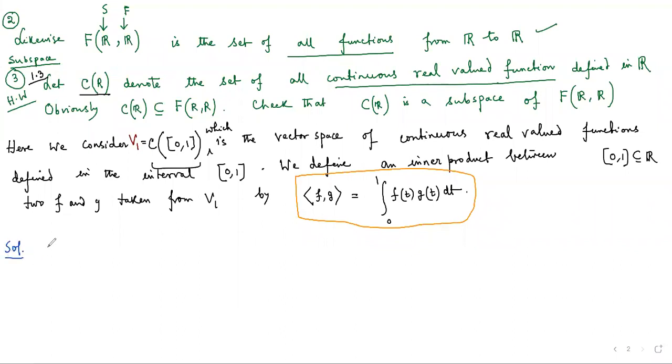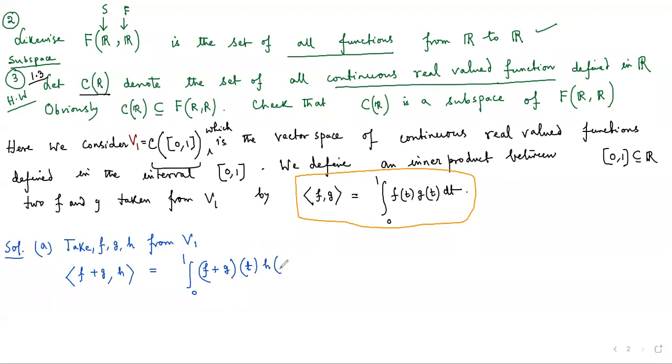Solution. Part A: take three functions f, g, h from V1. Now the linearity property: the inner product of f plus g with h would be equal to the integral from 0 to 1 of (f plus g)(t) times h(t) dt.